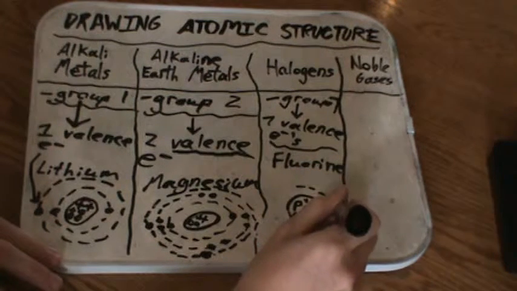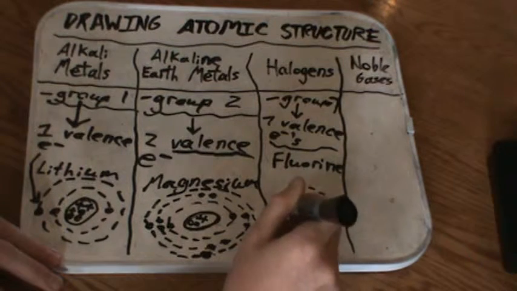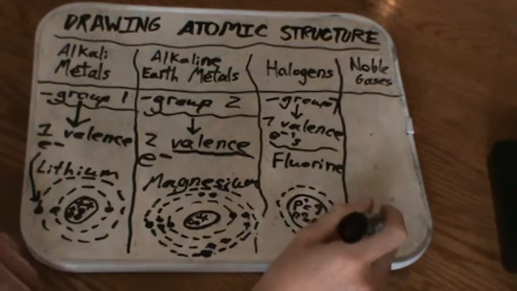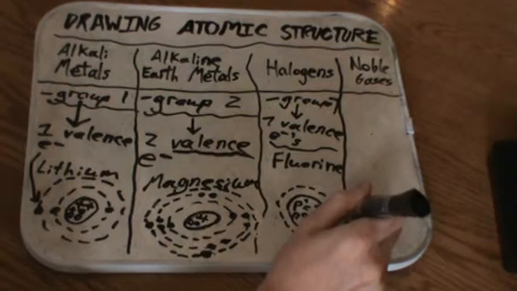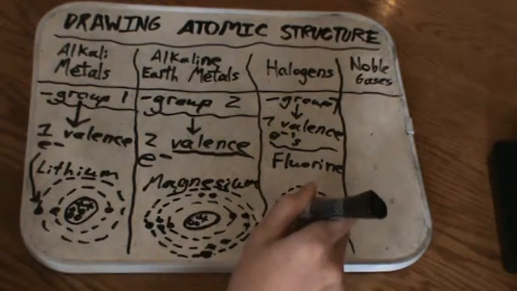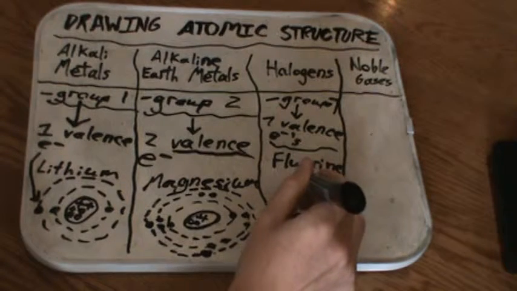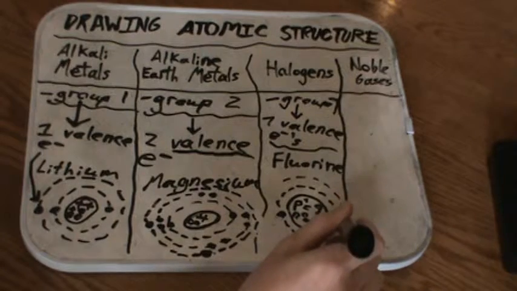So now we are going to draw the energy levels around. So the first energy level, as we know, it's going to have 2 electrons, and that is because of the way the periodic table has been organized, the first period has 2 elements in it. And this corresponds to the filling of the first energy level, and that is very happy. Fluorine wants that. So now let's draw the second energy level, the outermost energy level, in fluorine.